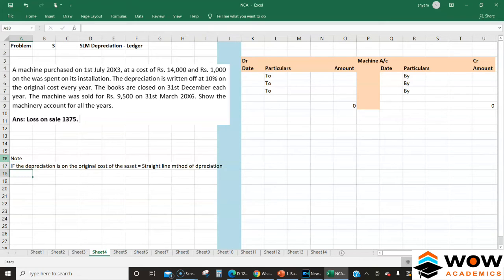This is an important point, because if they don't mention it, you have to find it out yourself. And the second one is the cost of the machine.